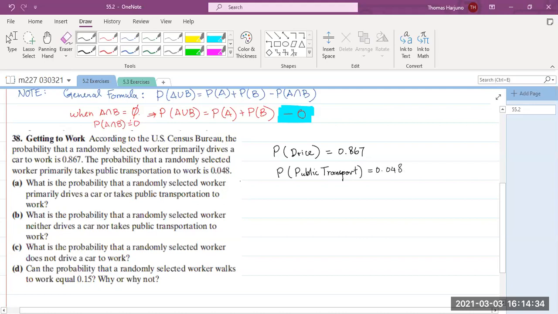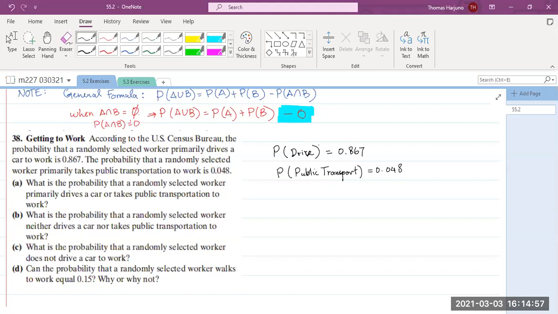Now, our question is, are these two events, driving themselves or using public transportation, disjoint? Can you find somebody who drives to work and at the same time uses public transportation to work? I don't think so. If that person drives, then that person doesn't need to use public transportation, right?